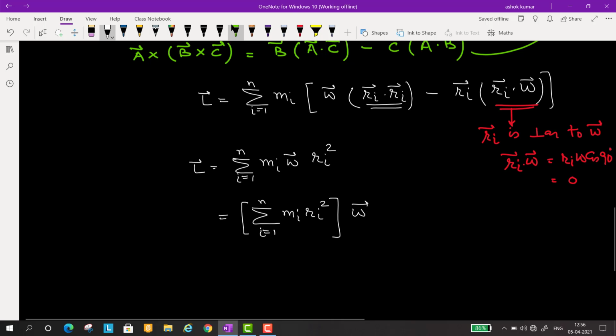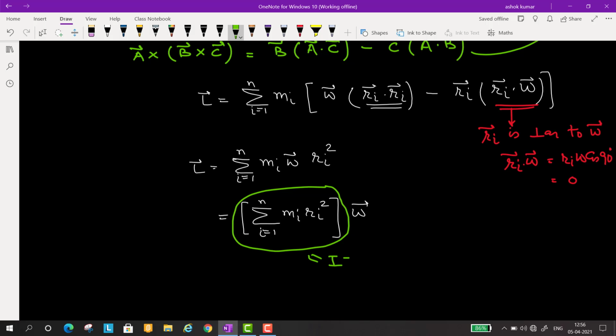So what is this, dear friends? You might have studied in lower classes. It is equal to capital I, the moment of inertia of the body that we are dealing with here about z-axis.